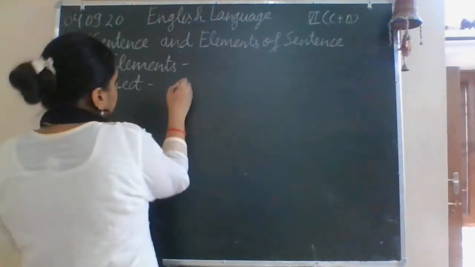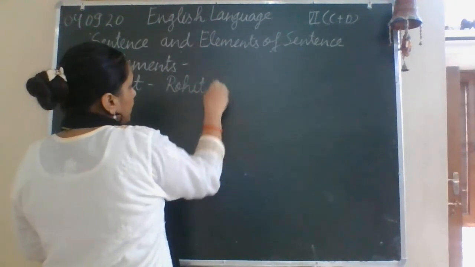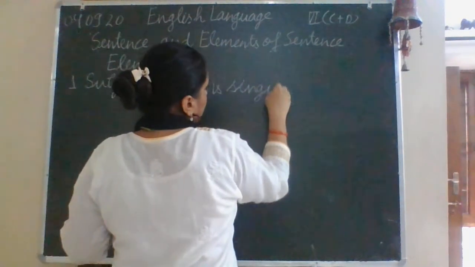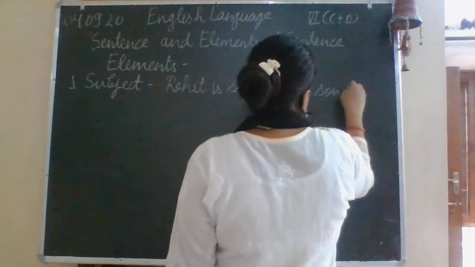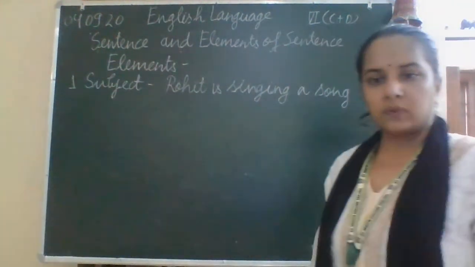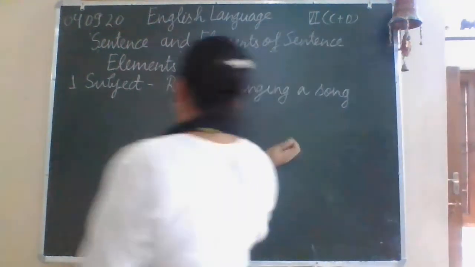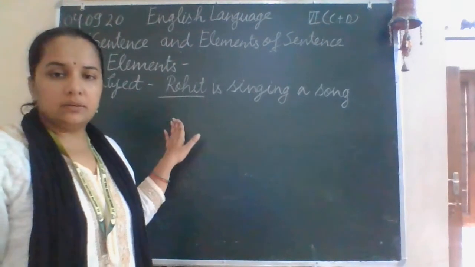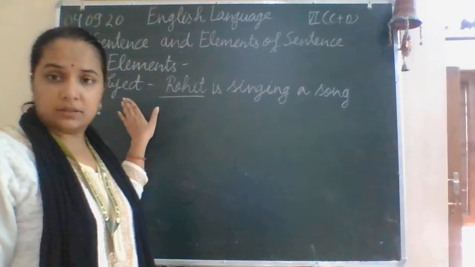For example, Rohit is singing a song. So this sentence is telling us about Rohit. So here in this sentence, Rohit is the subject.